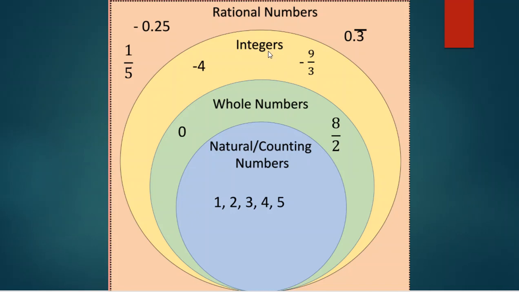If a number is an integer, it is also a whole number, and it is also a natural number. And if a number is a rational number, it is also an integer. It is also, well, not necessarily an integer. Sorry, let me take that back. So if a number is a rational number, it may possibly be an integer or a whole number or a natural number. But if it has a fraction or decimal part, it's only a rational number.